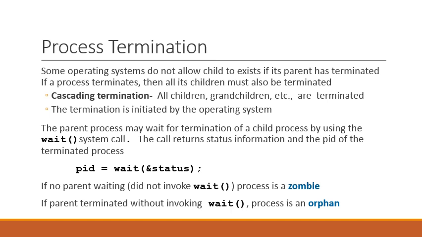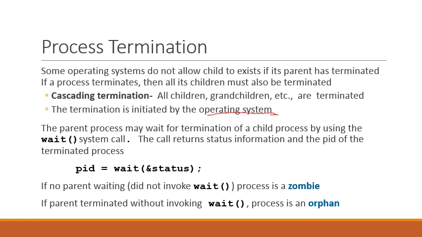All children, grandchildren, etc. are terminated when the parent process has terminated. So this is known as cascading termination, that if the parent process has terminated, then all its children and grandchildren will be terminated as well. And this termination is performed by the operating system.